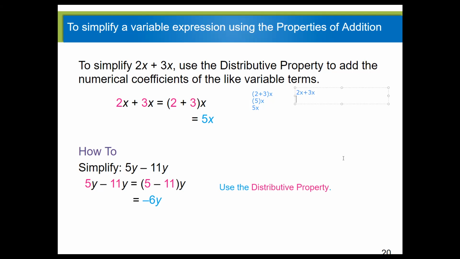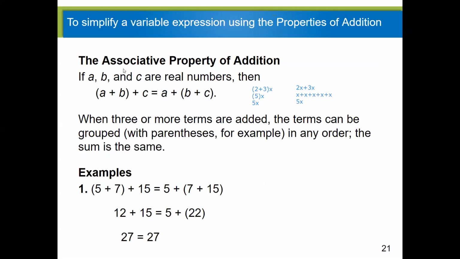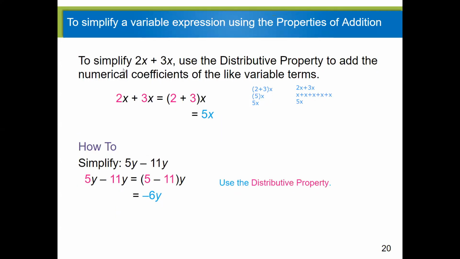Well, now we have like terms, so we can add those together because that's plus x plus x plus x plus x plus x, and we have 5 x's there, so we can just chop that down to be 5x. Many different ways to attack the same problem. So given that information, look at the bottom one, pause the video, solve it on your own, come back.